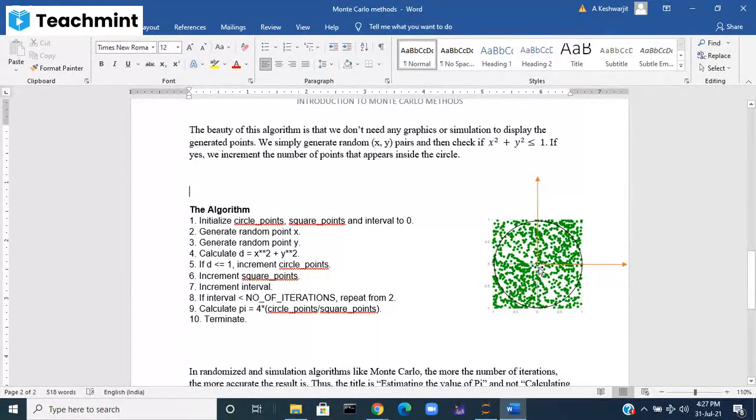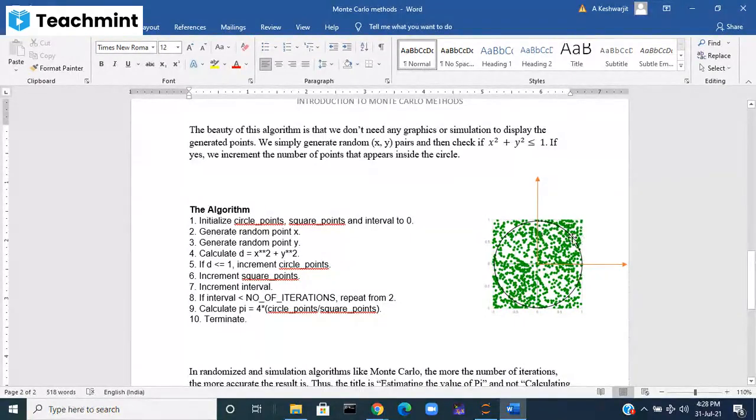So whatever random number it generates for x, it lies only along this part from 0 to 1. And random numbers along y are also generated between 0 and 1. So whatever random number it generates, it lies only in this first quadrant.